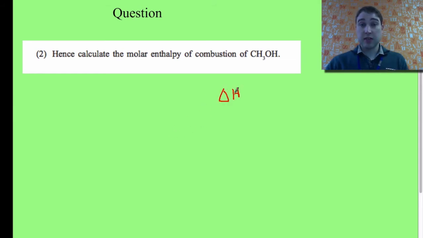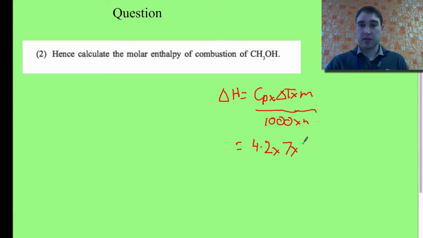So delta H equals Cp times delta T times M over 1,000 times n. Put in my numbers. So 4.2 times 7 times 150 divided by 1,000 times, now to figure out my number of moles I need my mass over my molar mass.